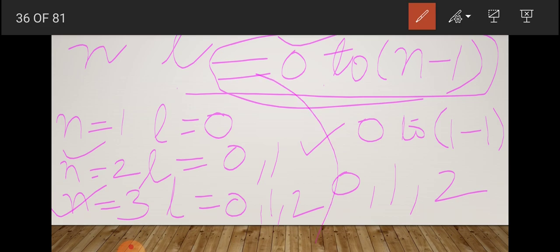Okay, what you have to remember, l is less than n, means if n is equal to 1, then l is equal to 0. If n is equal to 2, then l is equal to 0 and 1. And if n is equal to 3, l is equal to 0, 1 and 2.